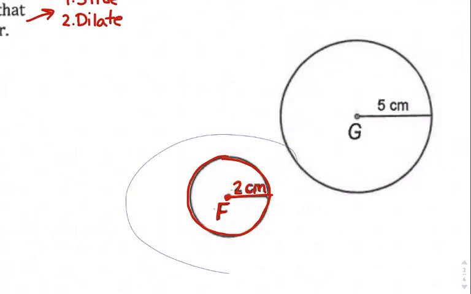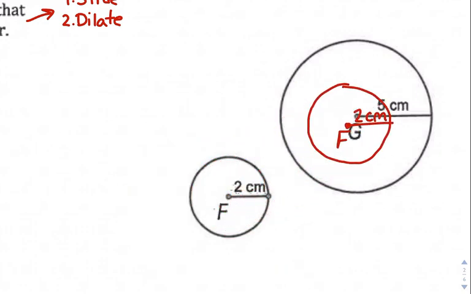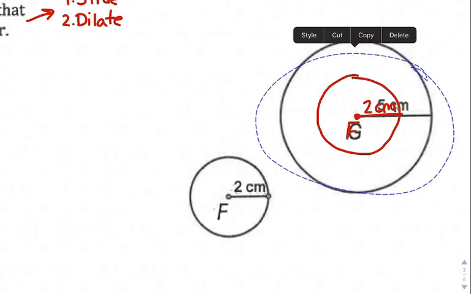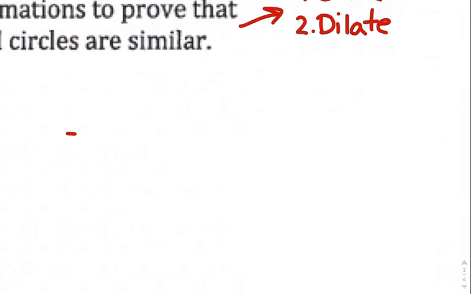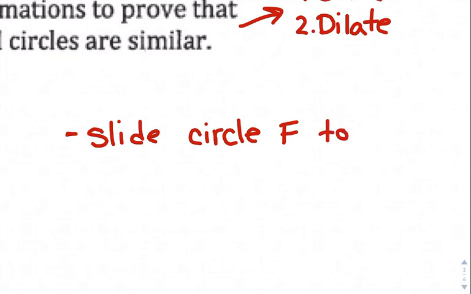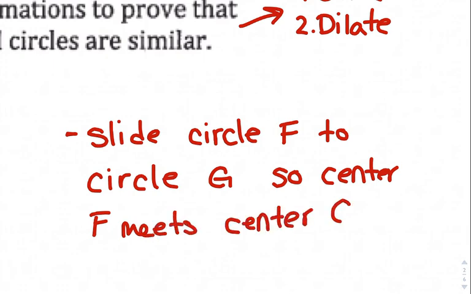My step 1 is going to be slide circle F to circle G. So center F meets center G. So all we did, step 1, slide circle F to circle G. So center F meets center G.